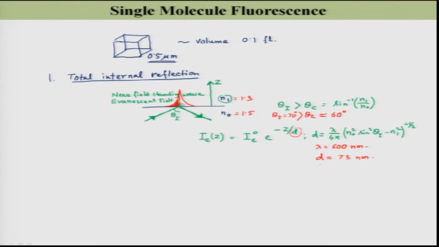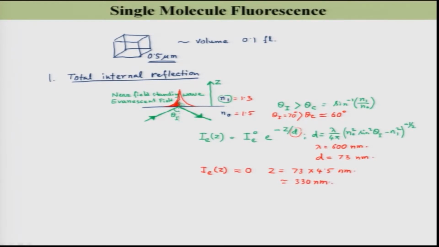So, I can simply tell that E Z will be almost 0, that means the field strength is finished at a distance Z equal to 73 into 4.5 nanometer, which is roughly equal to 330 nanometer.